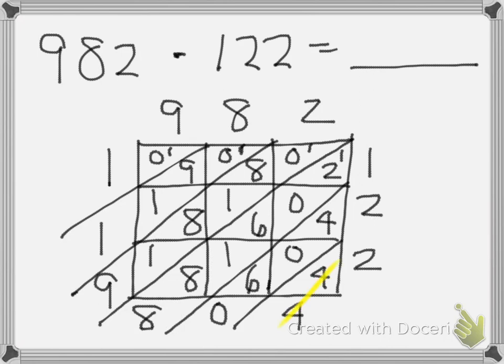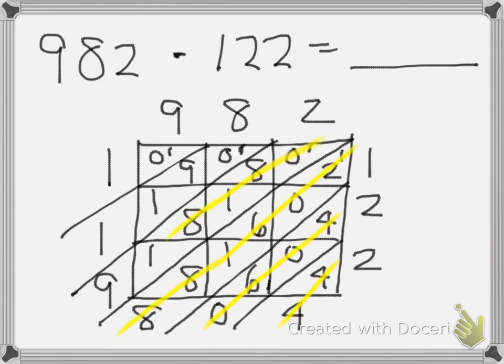4 plus nothing is 4. 4 plus 0 plus 6 is 10. Carry the 1. 1 plus 2 plus 0 is 3. Plus 6 is 9. Plus 1 is 10. Plus 8 is 18. Carry the 1. 1 plus 0 plus 8 plus 1 is 10.